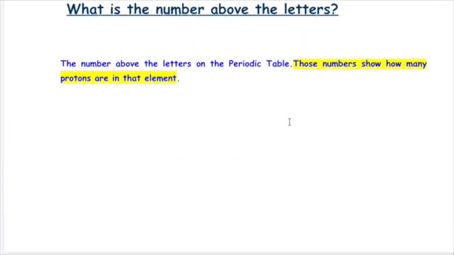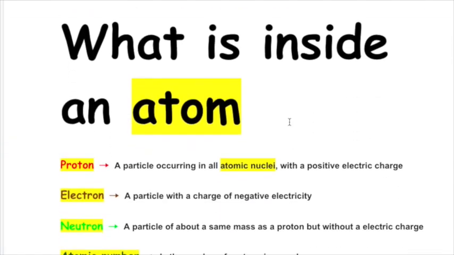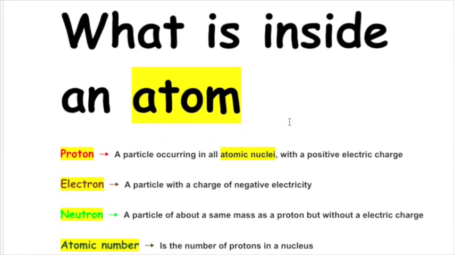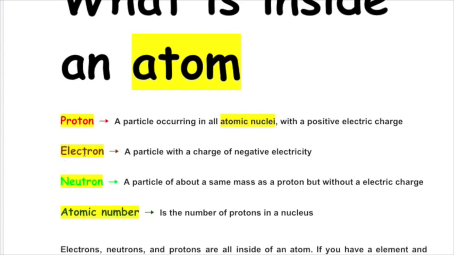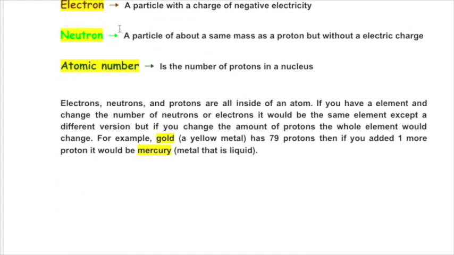For example, if I had carbon 6 and I changed it into carbon 12, that means I did something with the electrons or the neutrons. So if you interfere with neutrons and electrons, it won't change the element, just the version. But if we change the protons, then it would have a big impact on what the element is.